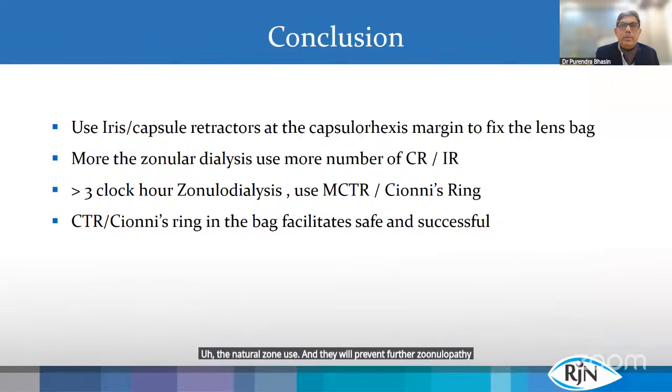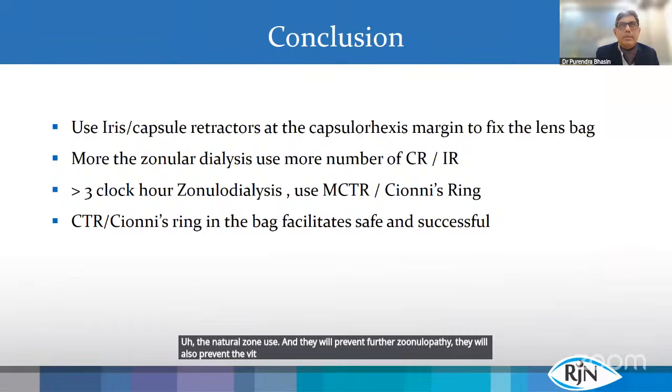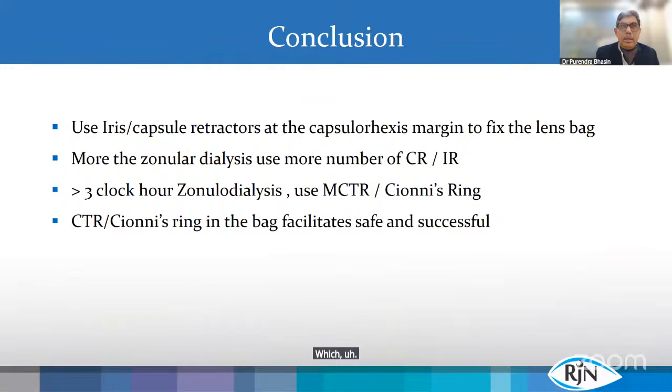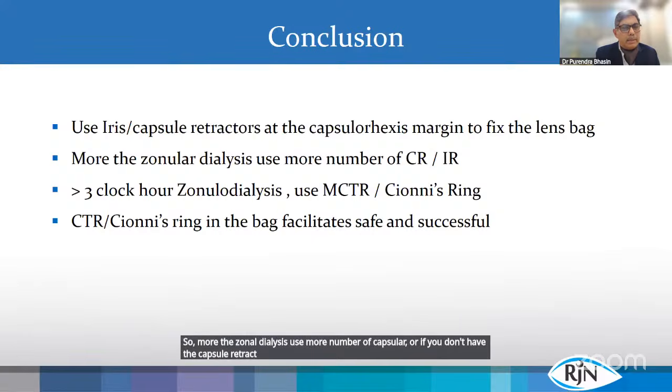They will also prevent vitreous prolapse, which can continuously occur. And that reduces the stress to the patient and helps in safe removal of the nucleus and irrigation aspiration. So the more the zonular dialysis, use more capsule retractors, or if you don't have capsule retractors, you can use iris retractors.